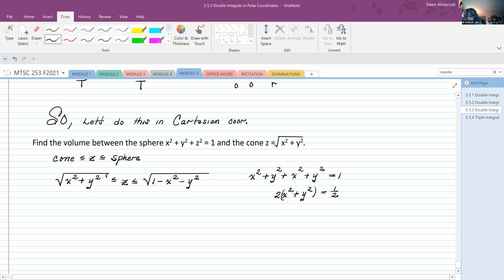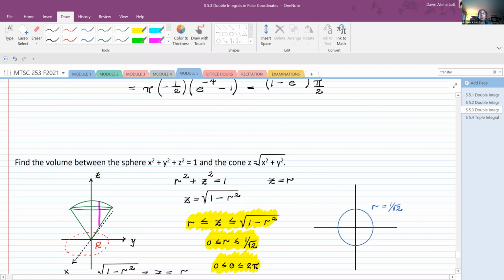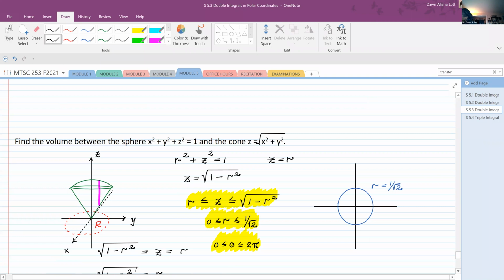So you get y is equal to the square root of 1/2 minus x squared. And then x has to start at minus 1 over the square root of 2 and end at positive 1 over the square root of 2.